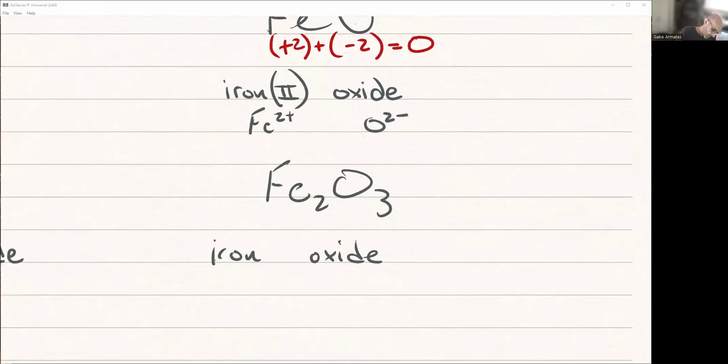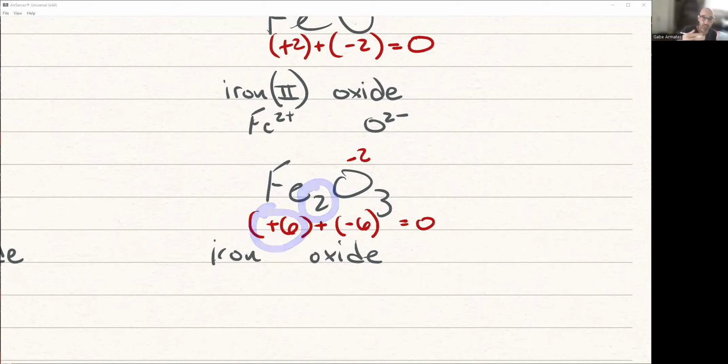Down here, I have Fe2O3. So I know oxygen is -2. I know the whole thing is neutral. I have 3 oxygens for a total charge of -6. So all of that iron together has to be +6. But I have 2 irons that are going to split that charge.